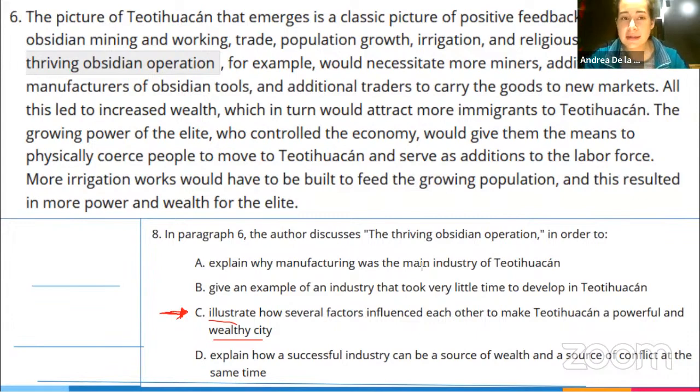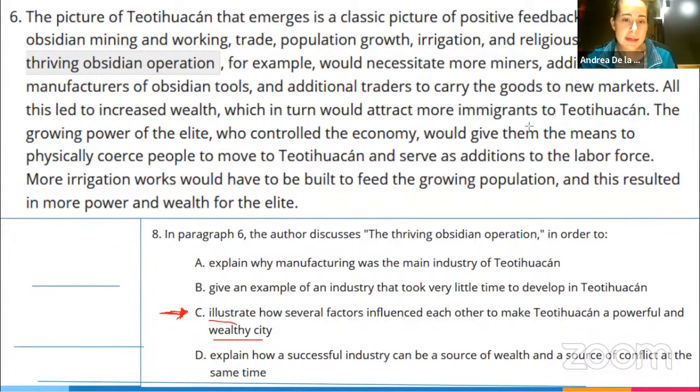So what is the main idea in this paragraph? Okay.